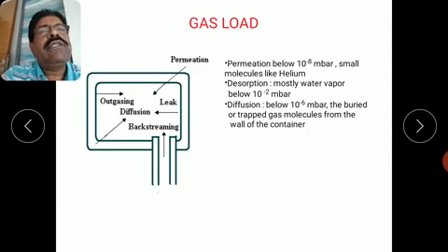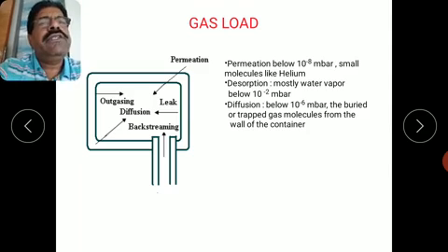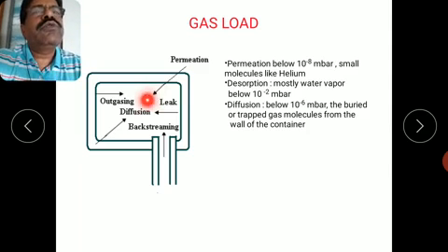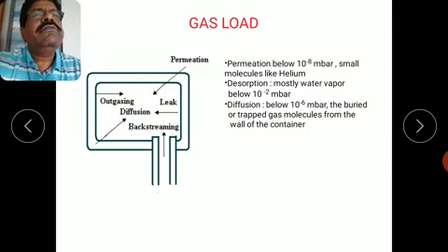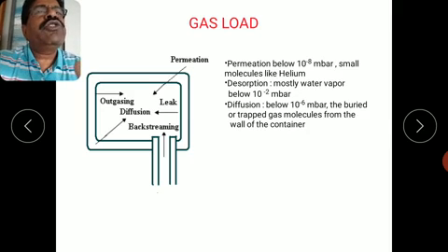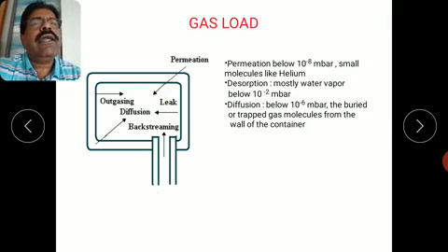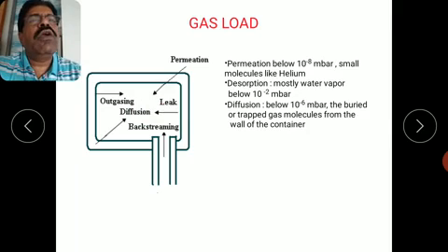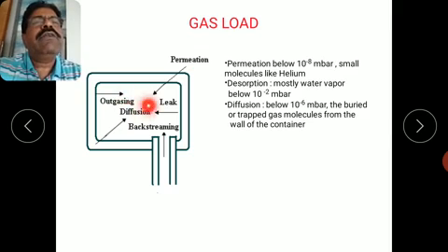Gas load doesn't mean only the initial gas molecules present inside the chamber. During the process of creating vacuum, there are many processes which add some additional gas molecules inside your chamber, and that causes an increase in the gas load.